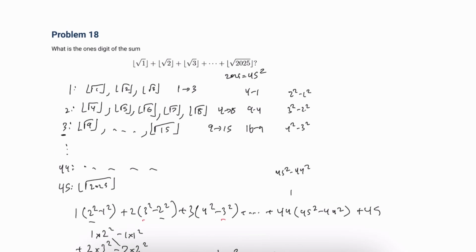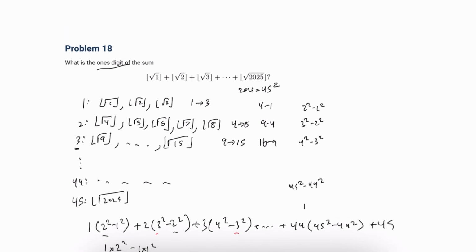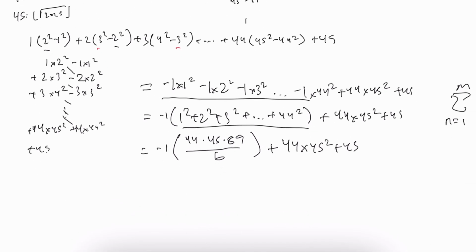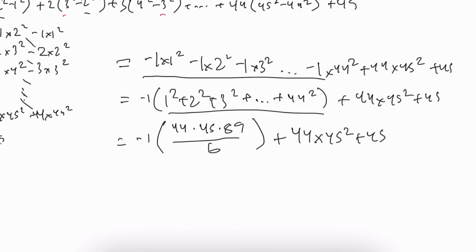And remember, we want to find the ones digit of this sum, so we only care about the ones digit. Going from right to left is easier. For this 45, we only care about its 5 in the ones digit. For 44 times 45 squared, note that 44 is a multiple of 2 and 45 is a multiple of 5, so the entire product is a multiple of 10, so it ends in 0.